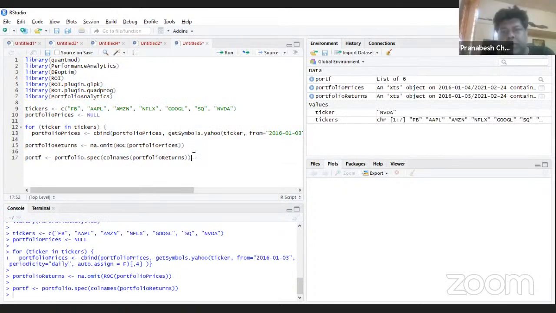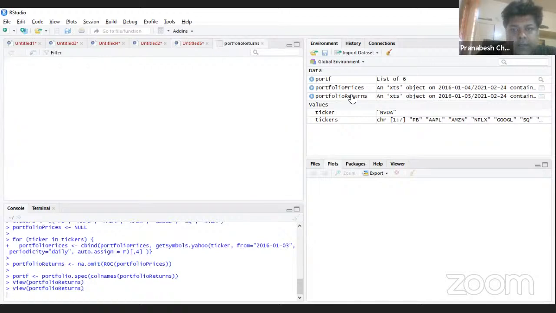Good. So you remember we first used these seven stocks, and from the closing prices we calculated the portfolio returns using the function called ROC. So let's see how the portfolio returns look.